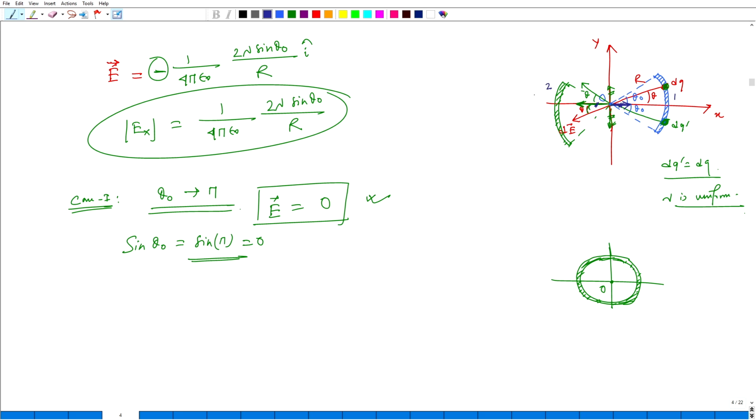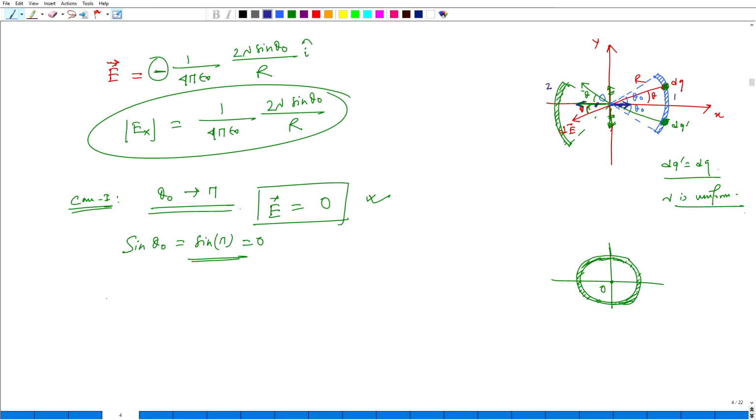The electric field at O due to the first arc is in one direction, and due to the second arc in the other, and they cancel each other. In this way, for a full circle, the x and y components always cancel and the net electric field is 0. So without any calculation, you can use symmetry arguments and you end up with the expected result.